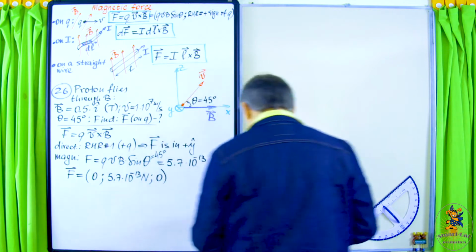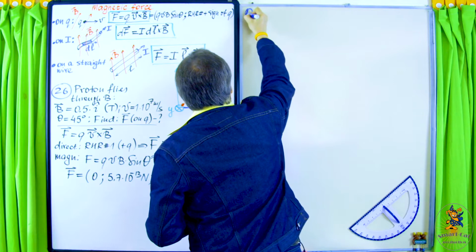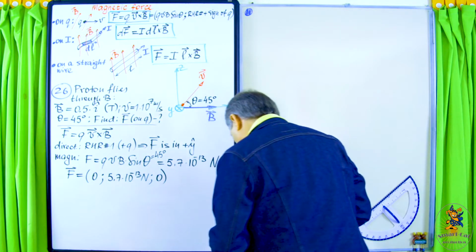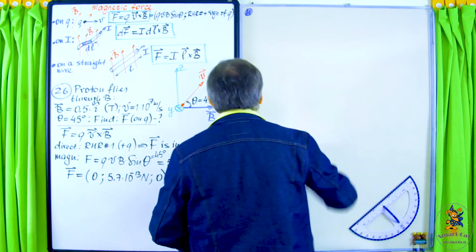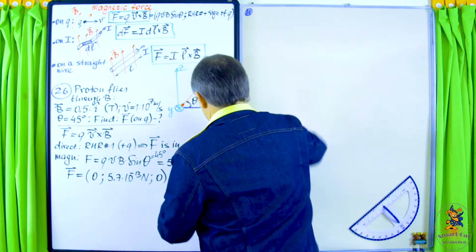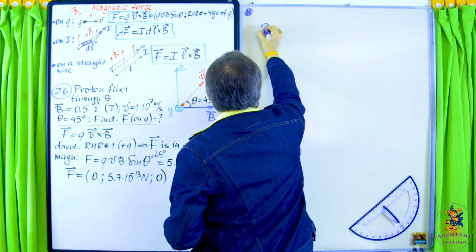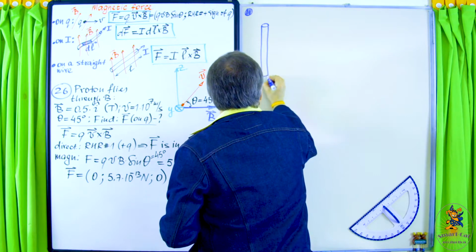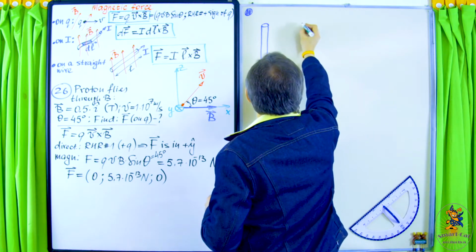Let me put a new bullet over here, because it's not a problem from the book. And we have two wires. Let me use different colors. Let's say this is wire number 1, I will use blue, and then green will be here.